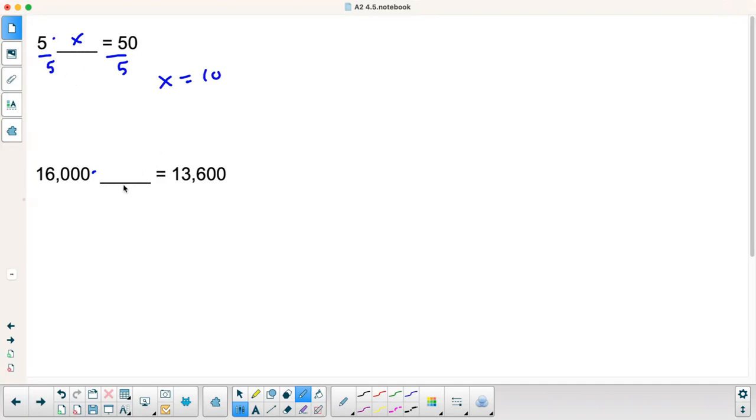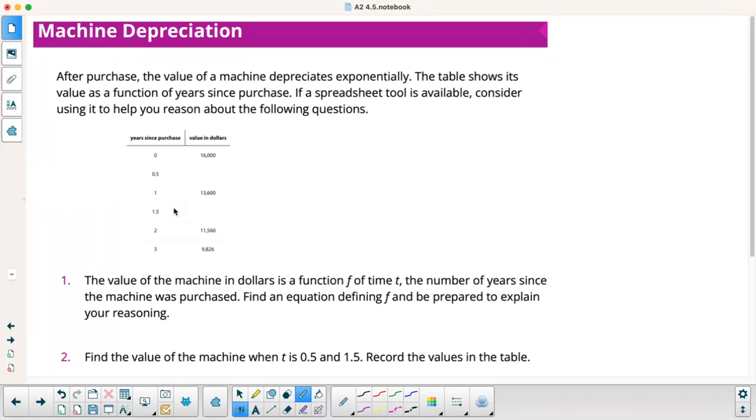But when it's weird numbers you can't do in your head, remember, you would just divide. So I would divide, and I would get x equals 0.85. Okay, so your growth factor is 0.85, and it's actually not a growth factor because it's less than 1. I would call it a decay factor, but our book always calls it a growth factor.